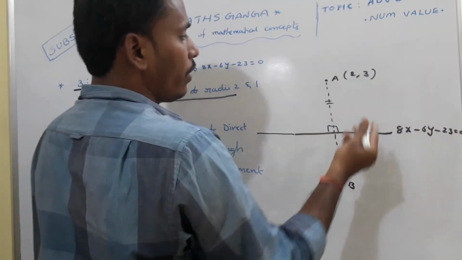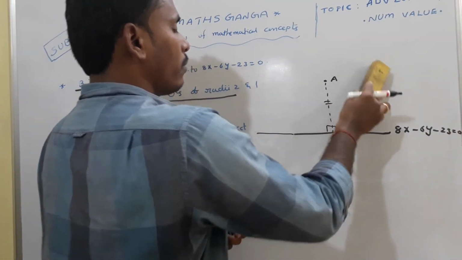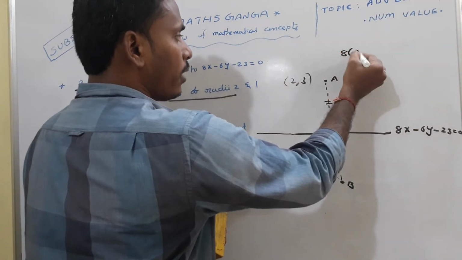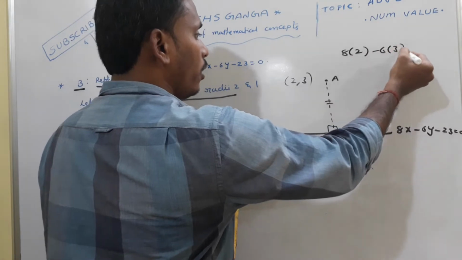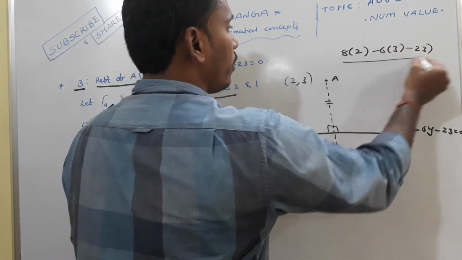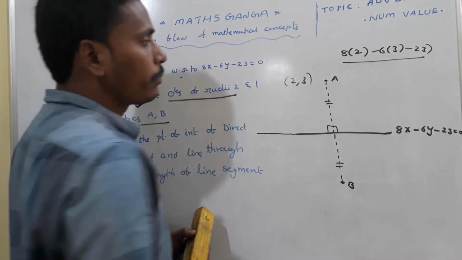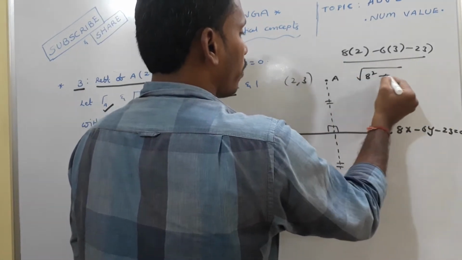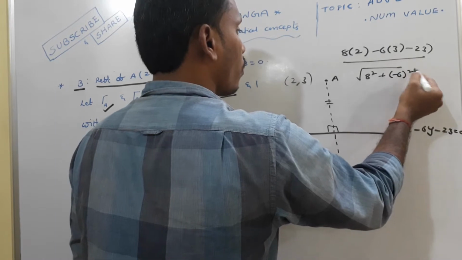I am going to calculate the distance from (2, 3) to the line. This point is (2, 3). So |8 into 2 minus 6 into 3 minus 23| divided by root of 8 square plus (minus 6) square.